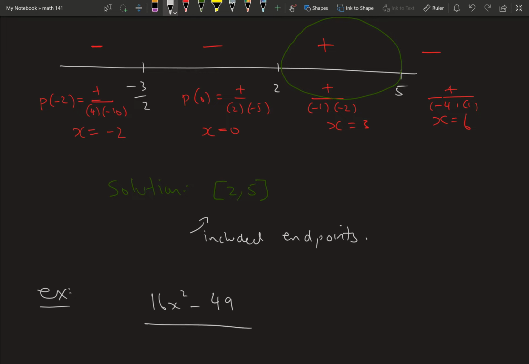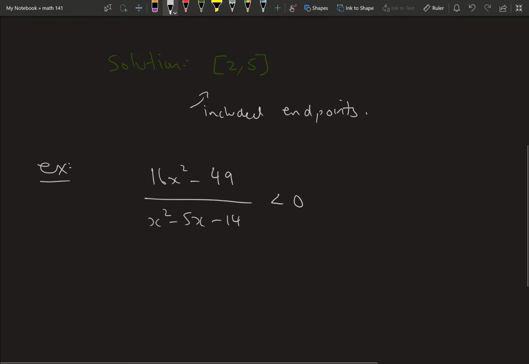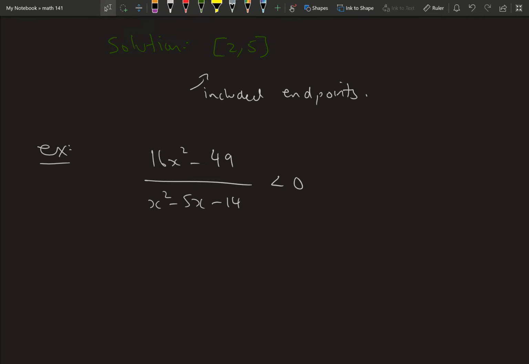So we have this on the top, and x squared minus 5x minus 14 less than 0. Okay, so let's try this out. Notice here, the top can be written as (4x) squared minus 7 squared, and the bottom can be factored into (x minus 7)(x plus 2).